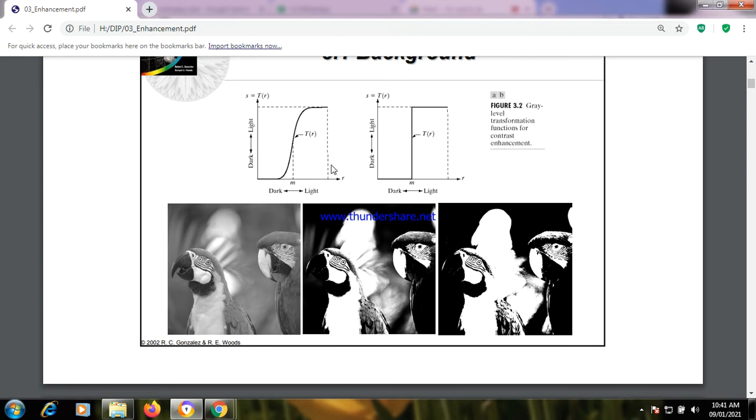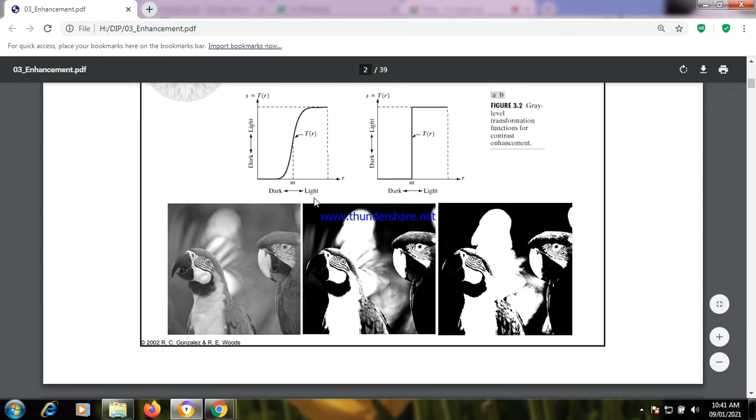In contrast enhancement, say this is the input image R, and S is the output image.